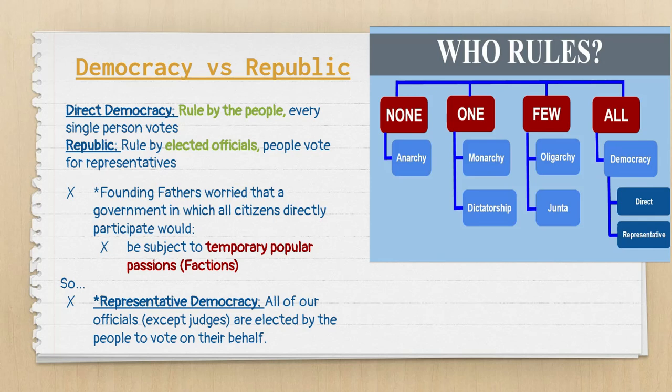If we're going pure direct democracy, you are saying it is ruled by the people. Every single person votes. Every single person has a voice. Anytime a law needs to be passed, anytime there needs to be an amendment, every single person gets a vote. That's direct democracy.